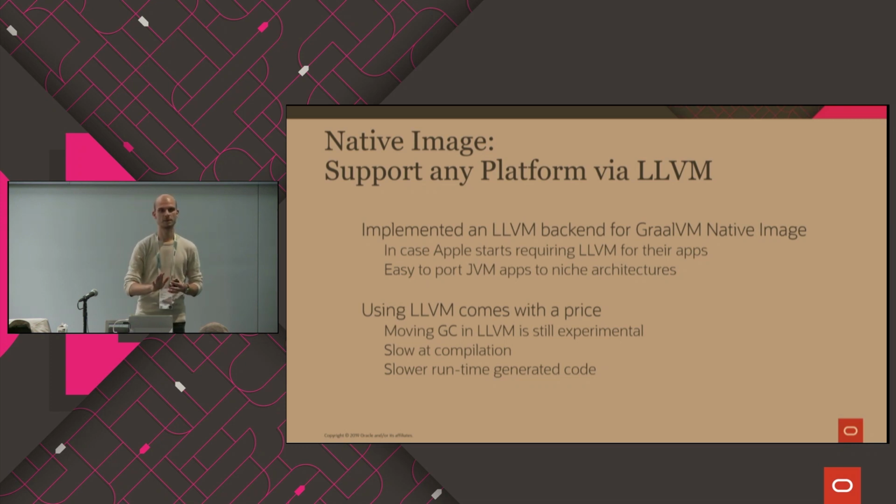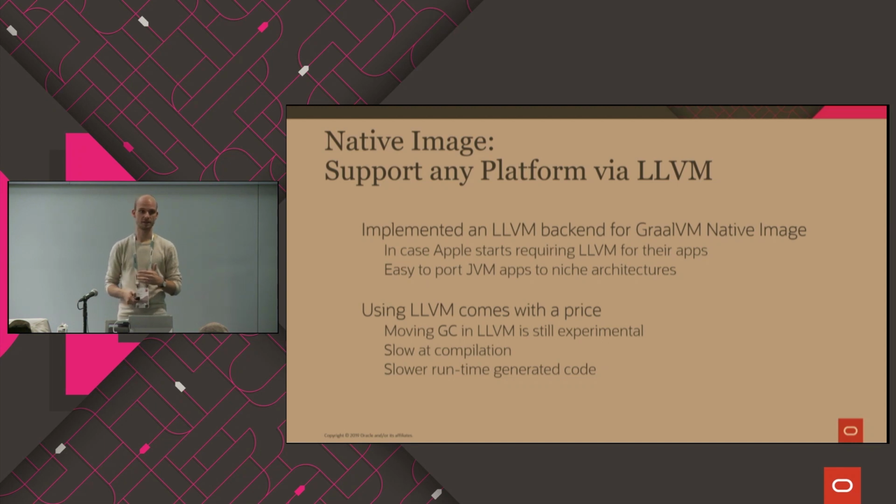One of the advantages, obviously, is that now this can be targeted to any platform that LLVM supports. So if you have some niche platform, but LLVM supports it, this will allow you to take your Java application, or really any application in one of the languages that runs on top of GraalVM, and turn it into a binary that runs on any of these niche platforms that LLVM supports.